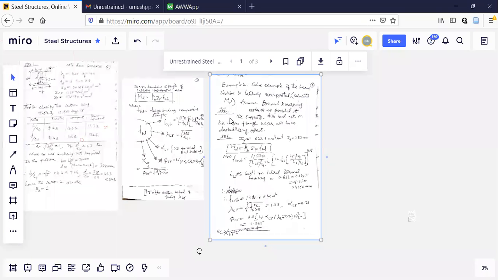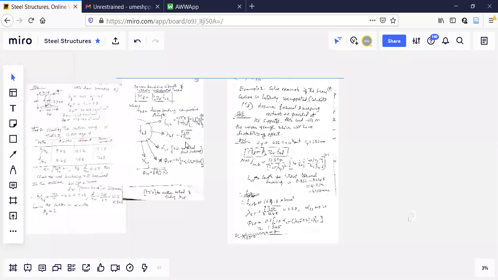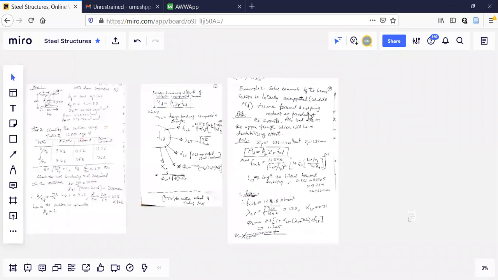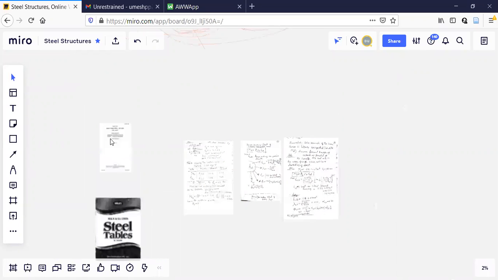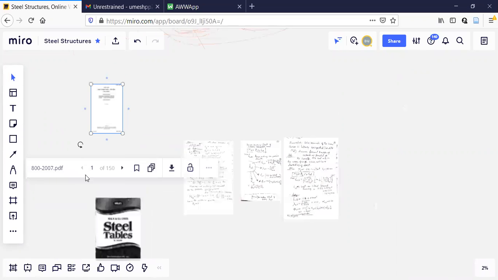I think I need to download one more page from the Sairam book now. Let us see whether it is there in this. This is your code book. This is the steel tables.